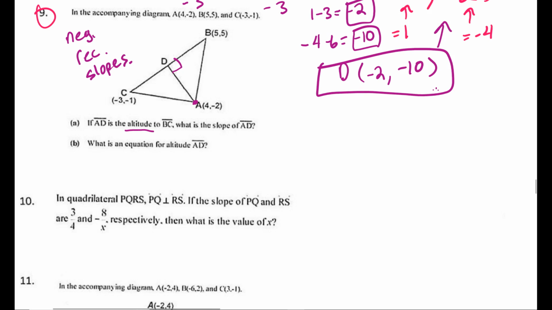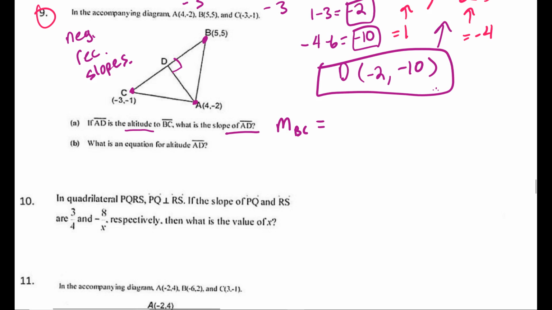Because for part A, it asks what's the slope of AD, or the slope of that altitude. Well, we could do the same thing we did when we were finding the perpendicular bisector, where we could find the slope of BC, or the side opposite to it, and then just take the negative reciprocal.